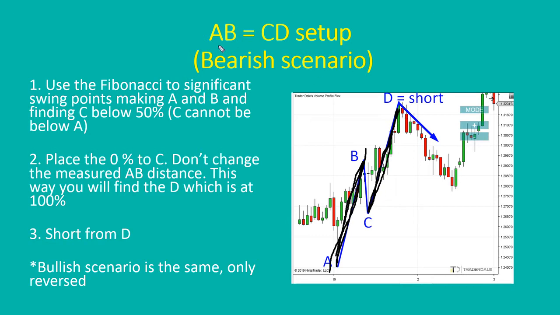That's why the setup has this name, AB equals CD, because those two distances are the same. Alright, and from D you go short. An important thing is that the C doesn't go past the A, because then it would be invalid. Alright, so this was the bearish scenario.